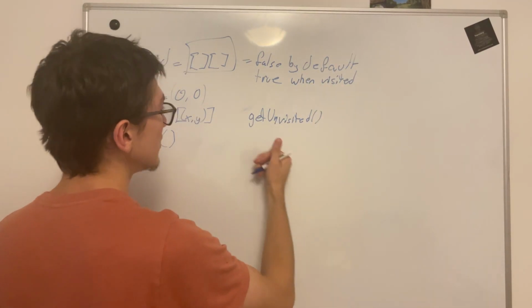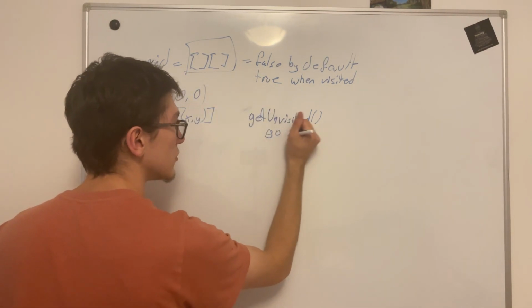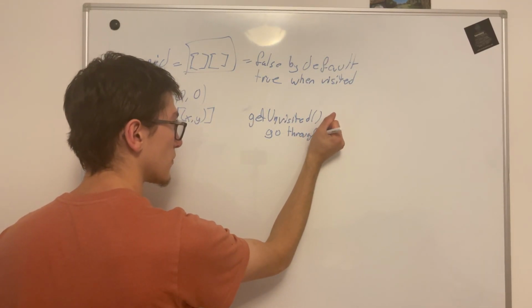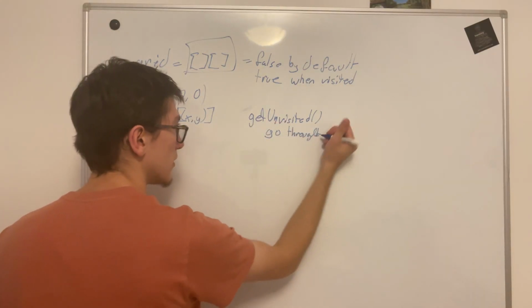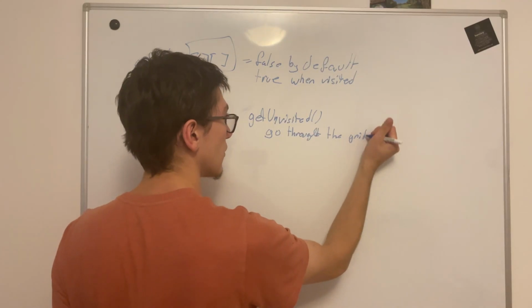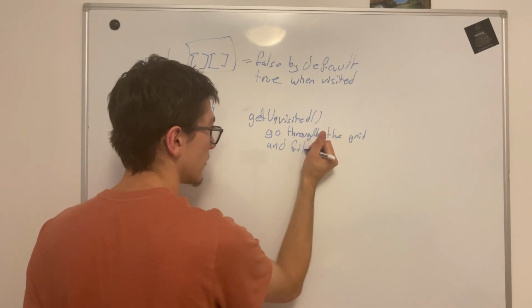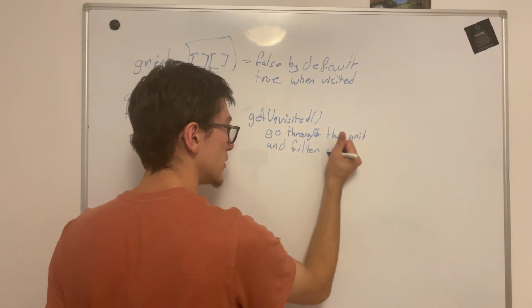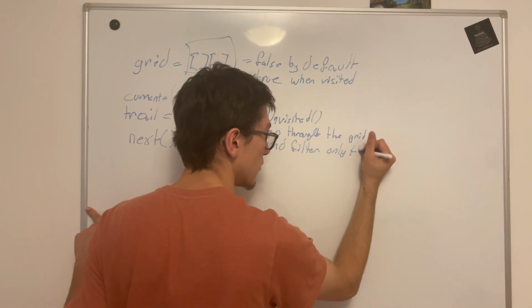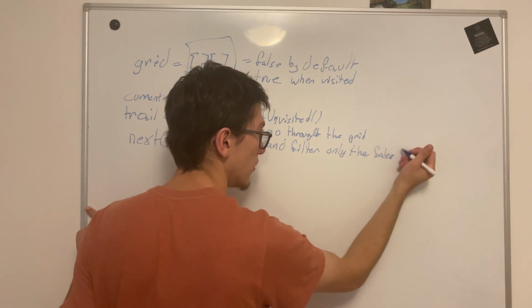This function should just go through the grid and filter only the false ones.